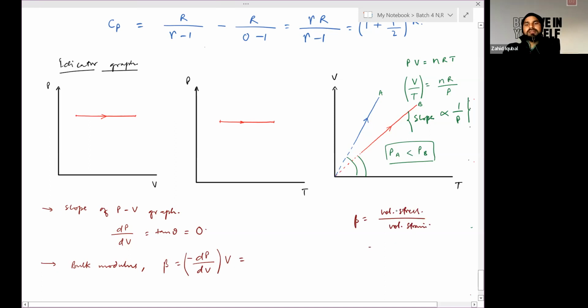Volumetric stress is perpendicular force acting on a particular area, and perpendicular force by area is also called pressure. So you may call it change in pressure divided by volumetric strain, delta V by V, with a negative sign. For the instantaneous case this may be written as dP by dV, and the volume gets multiplied with a negative sign. So in general, beta will be minus dP by dV times V.